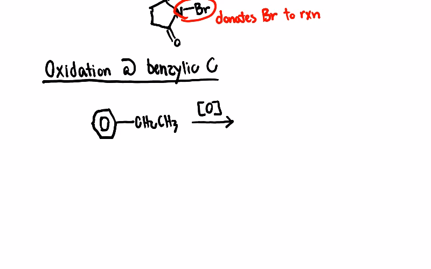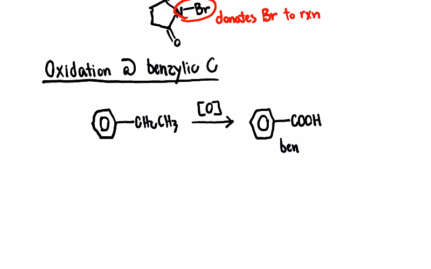What's going to happen if you treat a molecule that has a benzylic carbon with an oxidizing agent is that you're going to end up converting that benzylic carbon into a COOH group. So you're going to convert it into a benzoic acid.